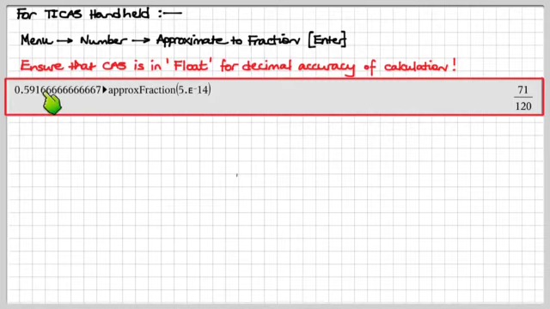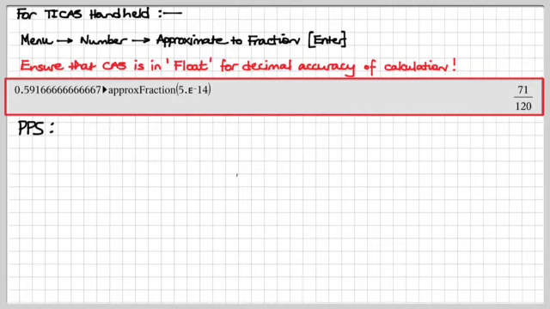And then you go from that version and you select approximate to fraction. You get this value here, 71 over 120. There's your exact rational answer, guys. So if you are using a TI CAS handheld device, please keep that in mind, approximate to fraction from the menu and then the number option in your menu system.